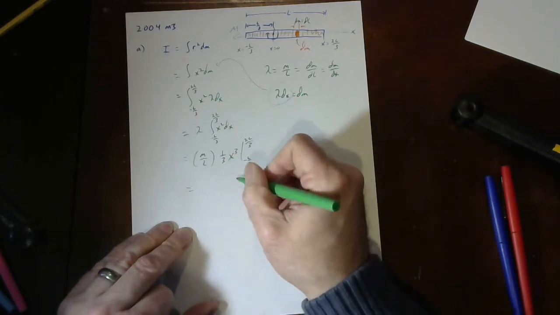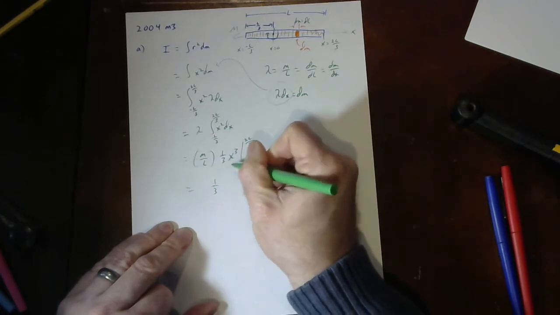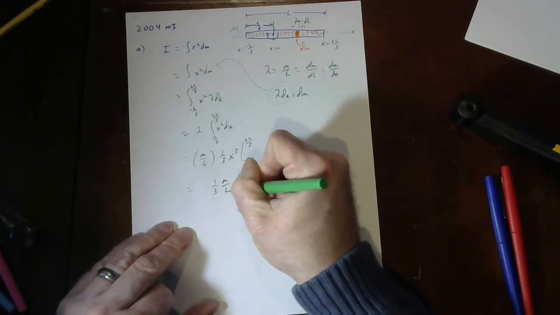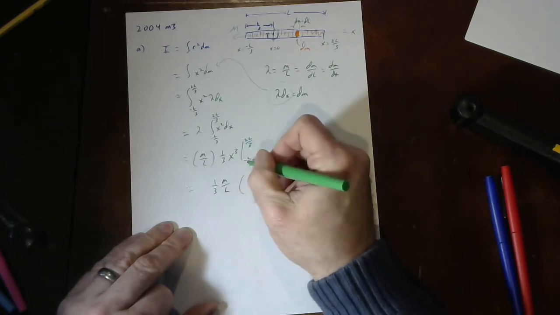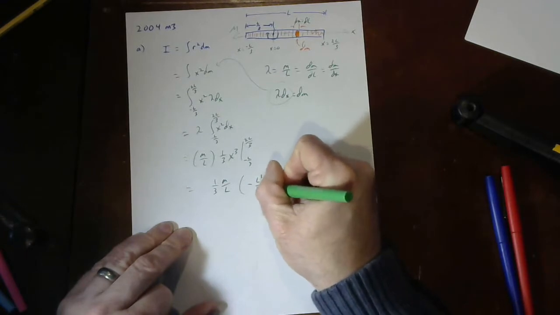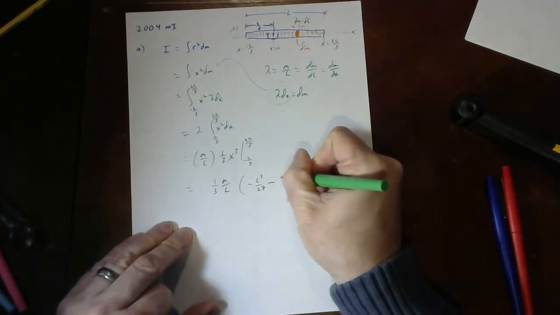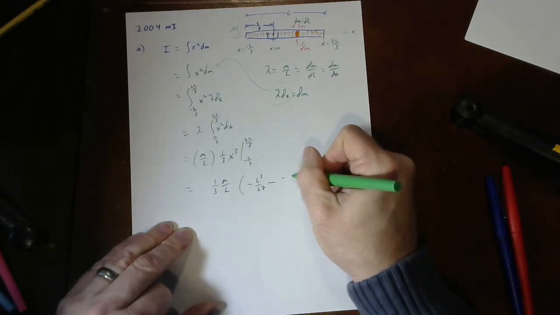Final minus initial when I substitute in for that x cubed. So what do I got here? I got 1/3 m over L, and then x cubed, final minus initial. Final, that's going to be like a negative L cubed over 27 minus an initial. When I cube that, I'm going to get negative 8.